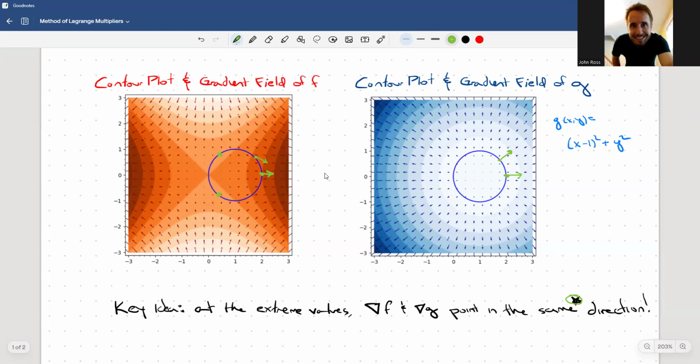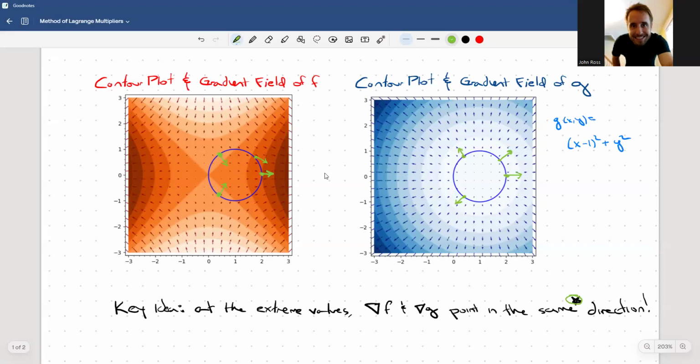Those arrows are pretty tiny, but at those points the gradient vector for grad f, which I'm drawing large to embellish it, is going to be pointing in these directions. And for grad g, at those same points, they're actually going to be pointing in the exact opposite direction.